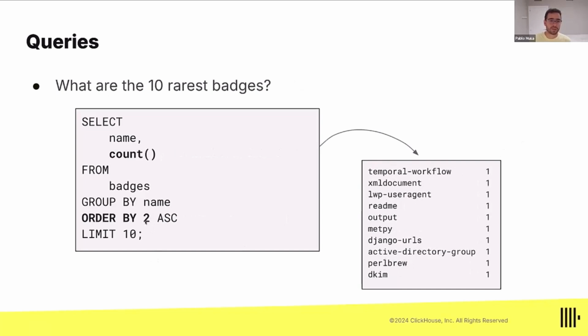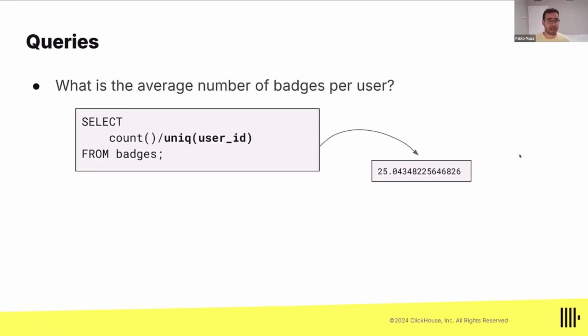ClickHouse also allows you to do positional reference. So you just say order by 2. This is 1, this is 2, so it's going to order by count. Those are some of the nice small things that ClickHouse offers when it comes to its SQL syntax.